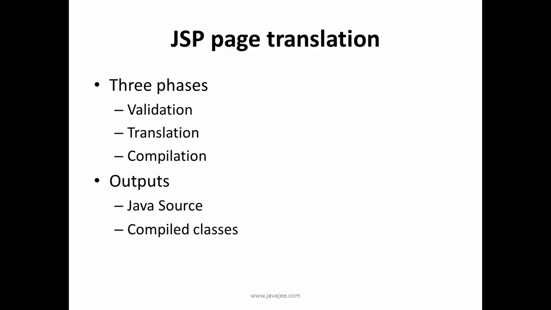As discussed earlier, you can find the output source and compiled classes in a particular location in your application server. In case of Tomcat, we already saw the location where to look. And the final stage of JSP page translation is compiling of the source code.